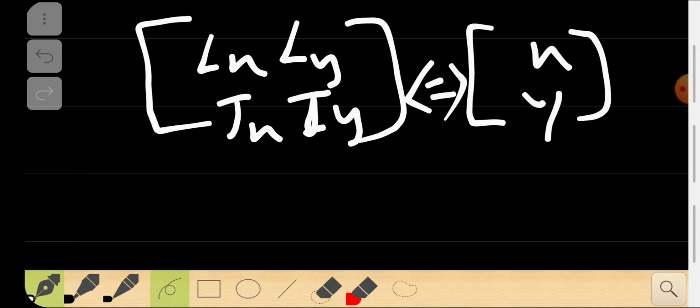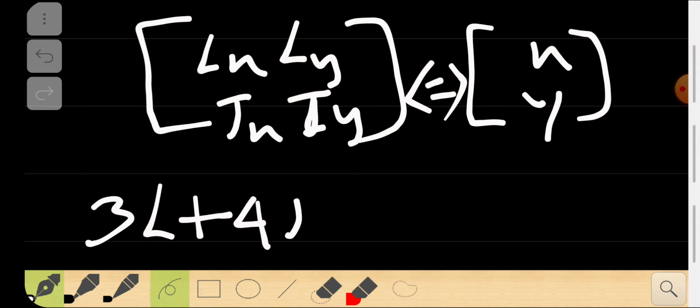Now how can you use it? Let's say that you have a vector of 3 L plus 4 J cap, right? That's what you have.